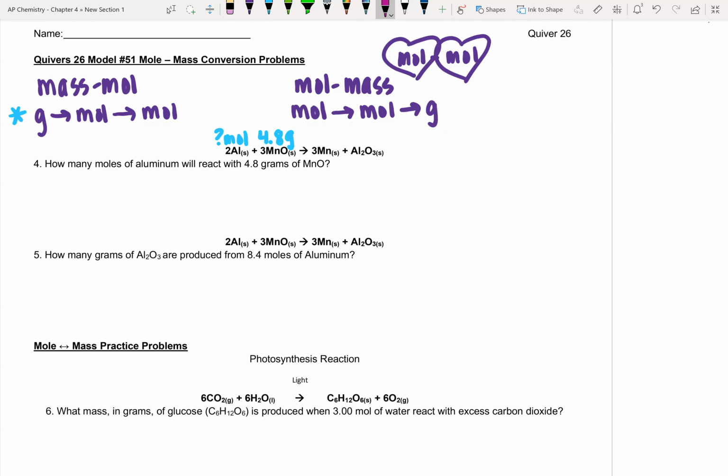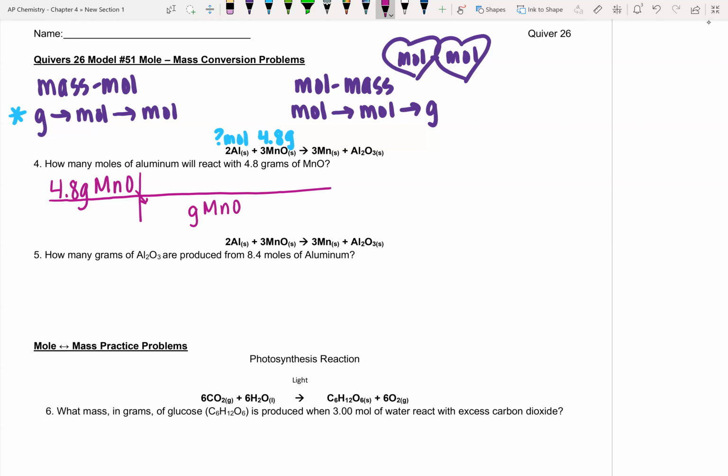I'm going to switch to a little bit finer point of a pen because it's a little bold right there. So I'm going to be starting with the grams of that substance, 4.8 grams of manganese II oxide. The first step is to drag my units down so that I can cancel out those grams of the manganese II oxide.